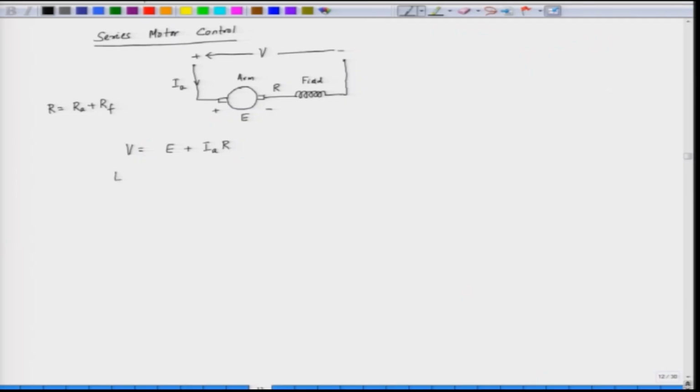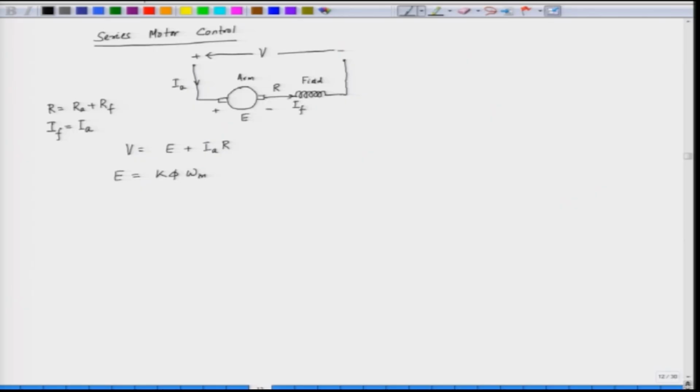E is the back EMF. So, the back EMF is usually the flux into the speed, K phi into the speed. Now, here the flux is produced by the series field, and flux is a function of the field current, which is the same as the armature current. Here we have to note that I F is the same as I A. The field current here is the same as the armature current.